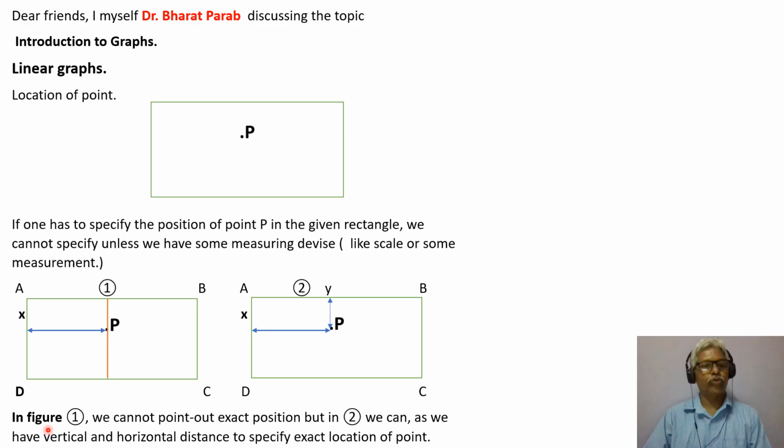So in figure 1 we cannot point out the exact position, but in figure 2 we can, as we have vertical and horizontal distances to specify the location of the point. So you must have got an idea of what we are talking about: the position of some point on a rectangular sheet or rectangle.